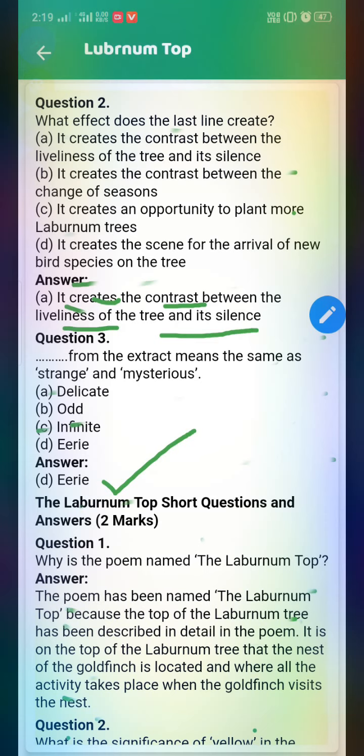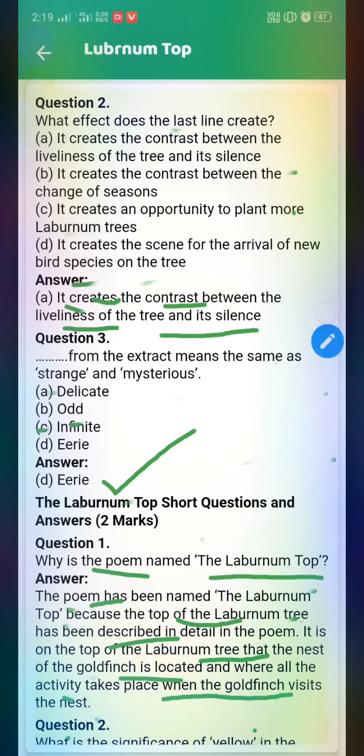The Laburnum Top, short questions and answers, 2 marks. Question number 1, that is, why is the poem named The Laburnum Top? The answer is, the poem has been named The Laburnum Top because the top of the laburnum tree has been described in detail in the poem. And it is on the top of the laburnum tree that the nest of the goldfinch is located, and where all the activities take place when the goldfinch visits the nest.